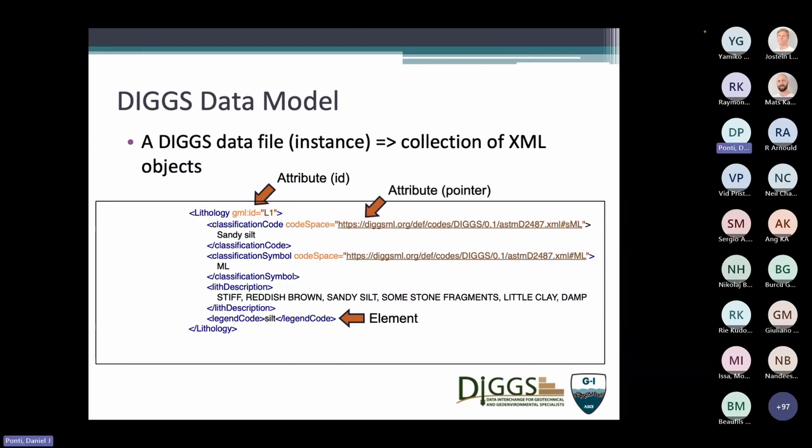We also use identifiers a lot as pointers to resources. This particular element, classification code, identifies a type of lithology. It's called sandy silt. And this URL that's sitting here in this code space attribute is a pointer to a dictionary definition of sandy silt associated with the ASTM standard for unified soil classification.